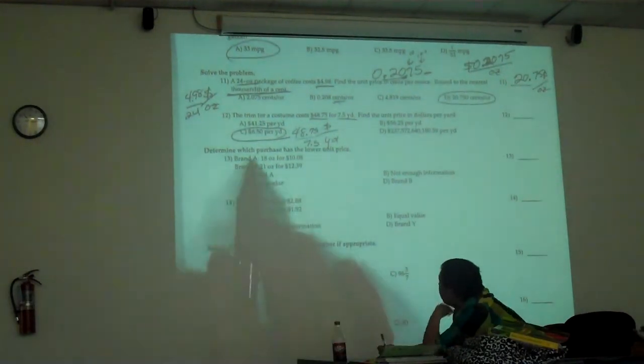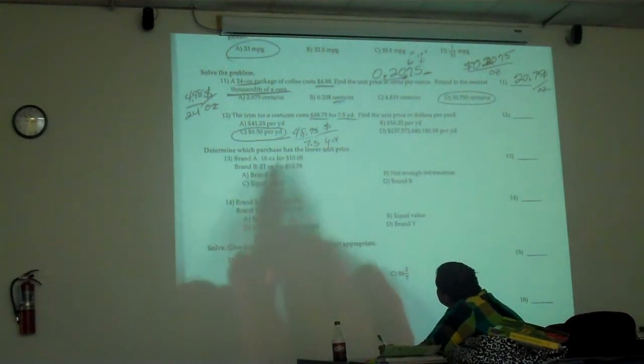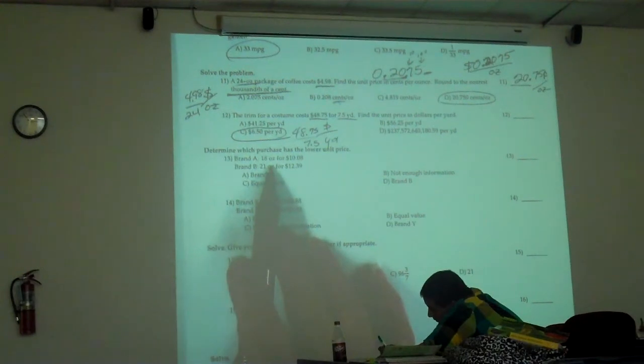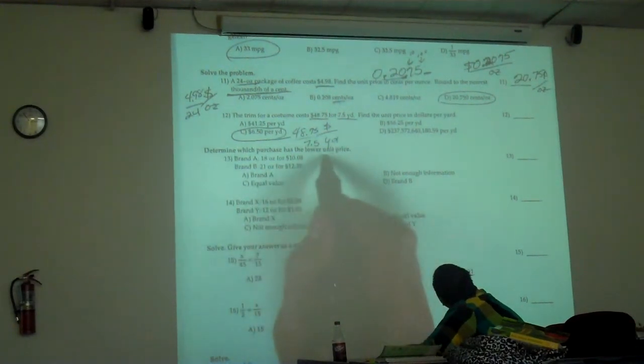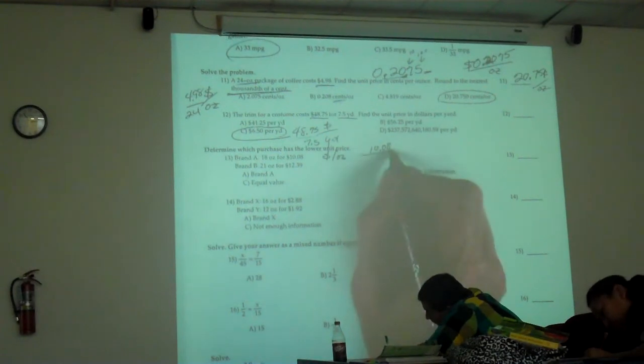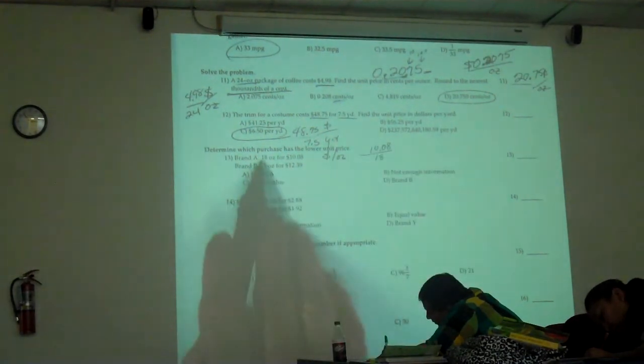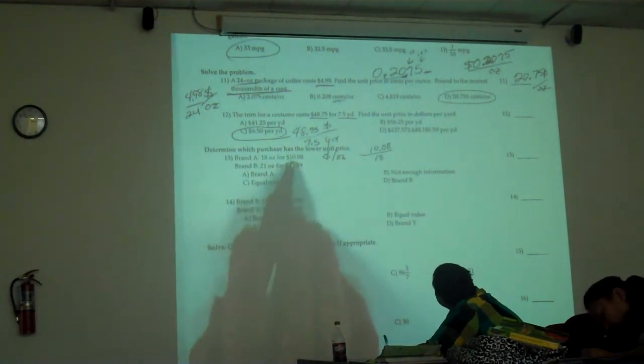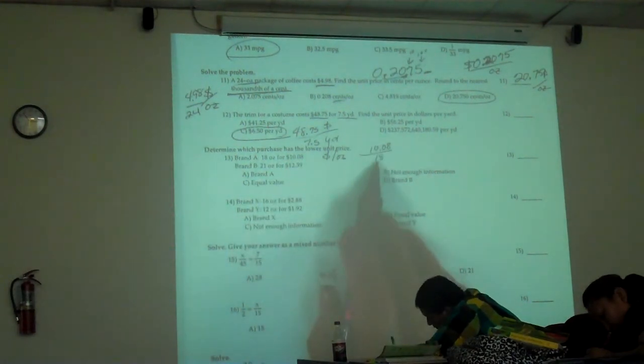Okay, brand A and brand B. You've got the dollar amount and the ounces. Don't let the order of that confuse you. Make sure you do the dollars divided by the ounce. So you're going to have 10.08 divided by 18 ounces for this. 10.08 divided by 18. 0.56.